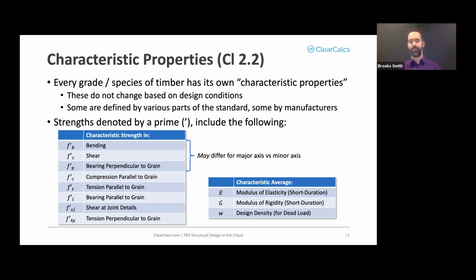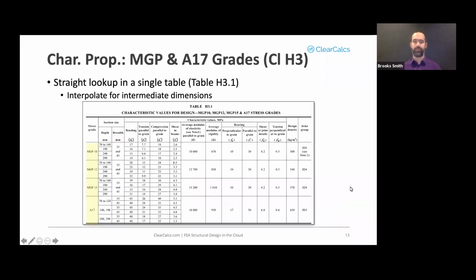You may have different bending, shear, and bearing strengths for major and minor axis bending, but usually you're just going to have 8 characteristic strengths. You also have characteristic average values for the modulus of elasticity, the modulus of rigidity, and the density of your timber member. But how do we get those values then?